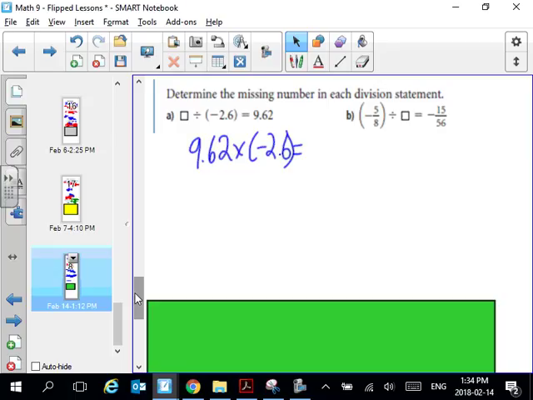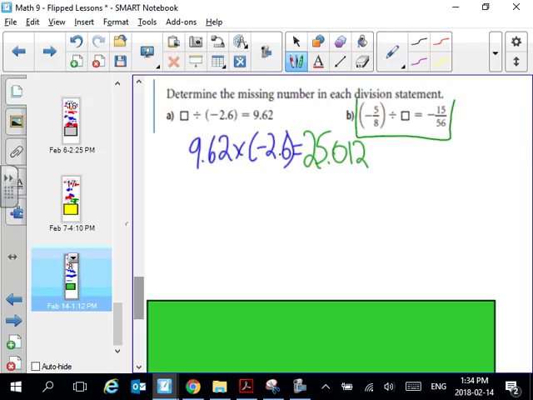And instead of pulling up that busted calculator, I'm going to do it on here. So I have 9.62 times 2.6 equals 25.012.